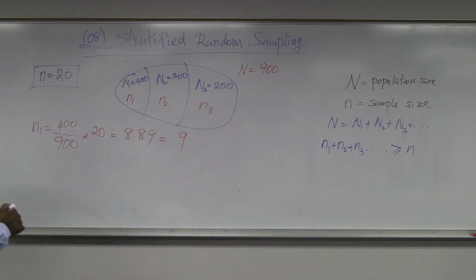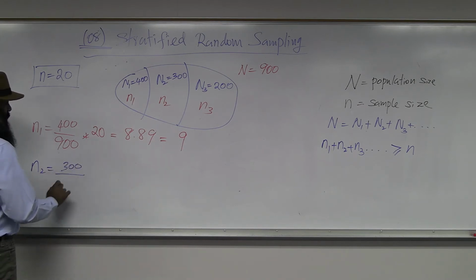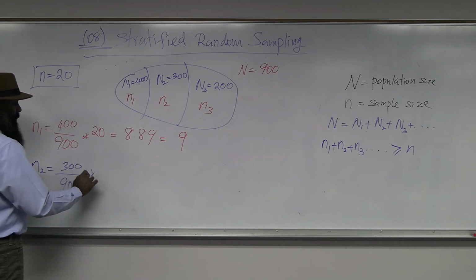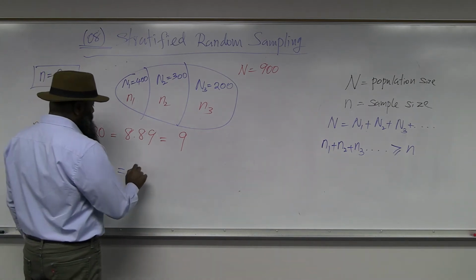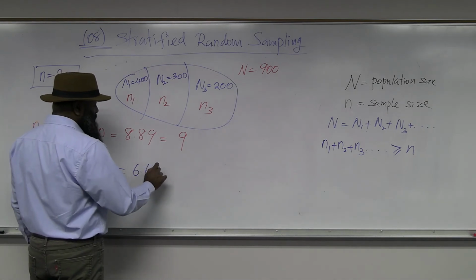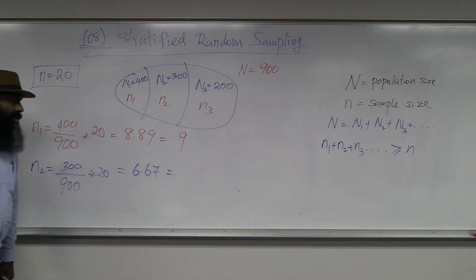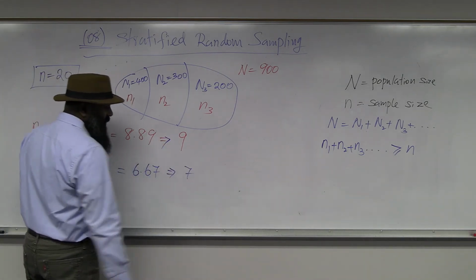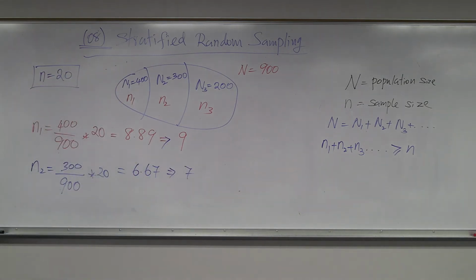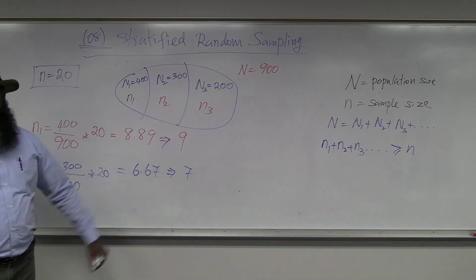So n2 will be 300 divided by the total, which is 900, that times 20. So it will be 20 divided by 3, which is 6.67. So this will be rounded, and that will be 7. I will need 7 subjects selected from supplier 2.